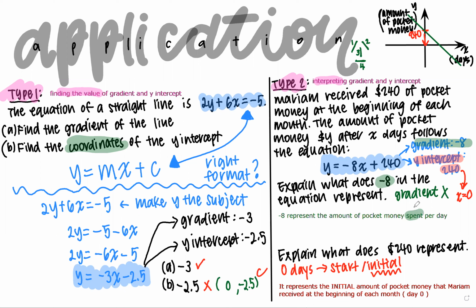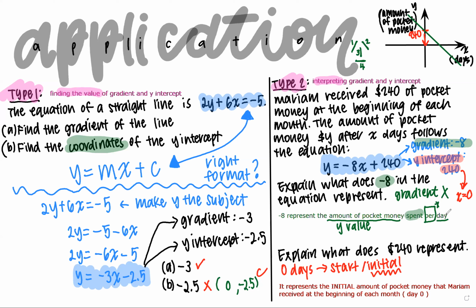Now, whenever you want to explain gradient, it's always this format: you talk about the y value first, the action of the y value, and then you always have the keyword per. It doesn't change. It's always per.